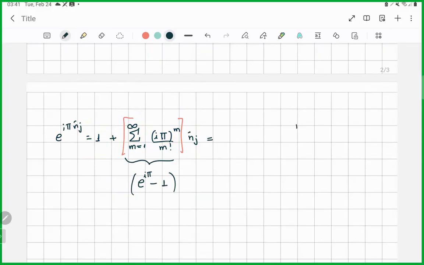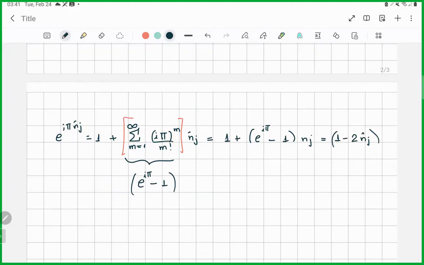So here we get 1, and then exponential of i pi minus 1 multiplied by nj, correct? And what is that? Well, e to the i pi is minus 1, so you see that we got 1 minus 2 nj.